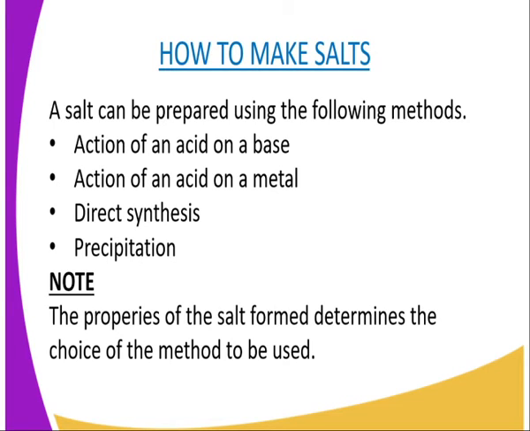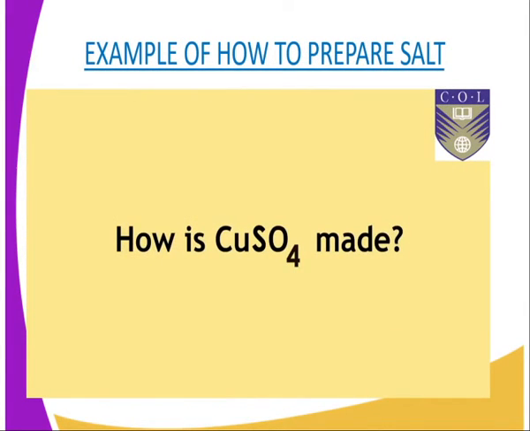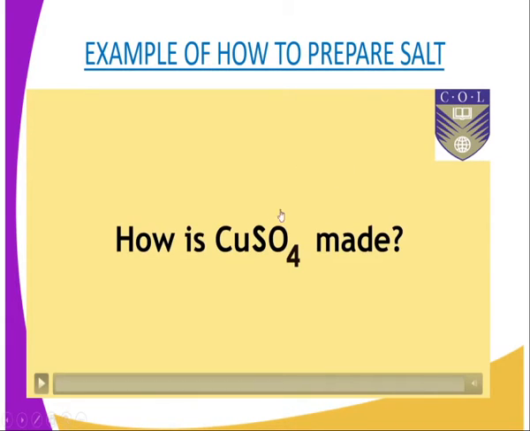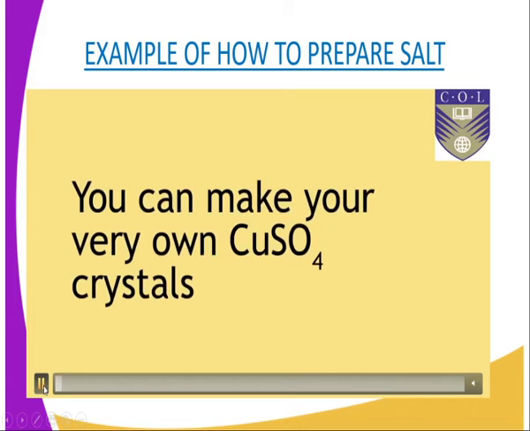So we cannot prepare maybe an insoluble salt using neutralization or action of acid on a base method. So let us look at the following example to understand how we can prepare copper 2 sulfate. How can we make copper 2 sulfate in the laboratory or during our day-to-day life activity?